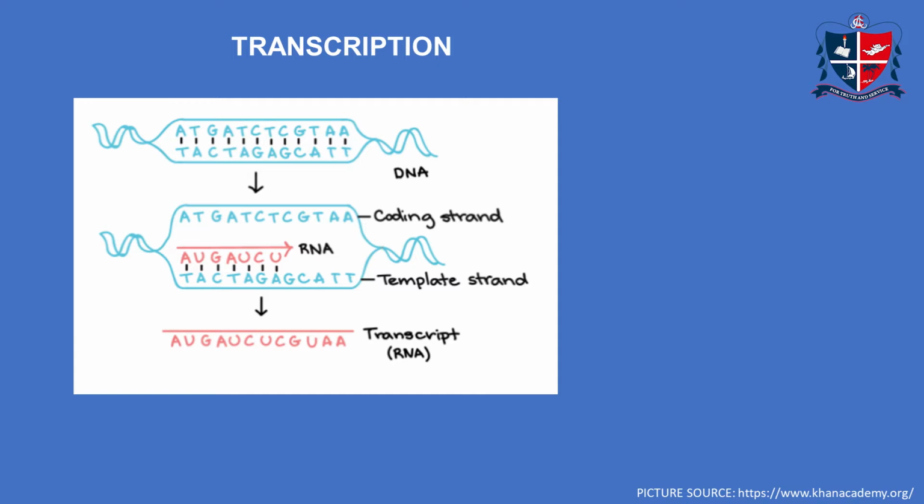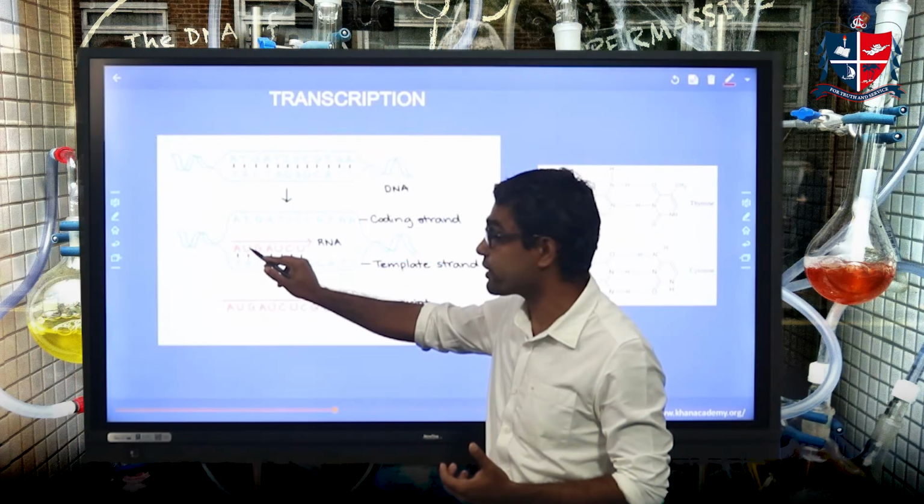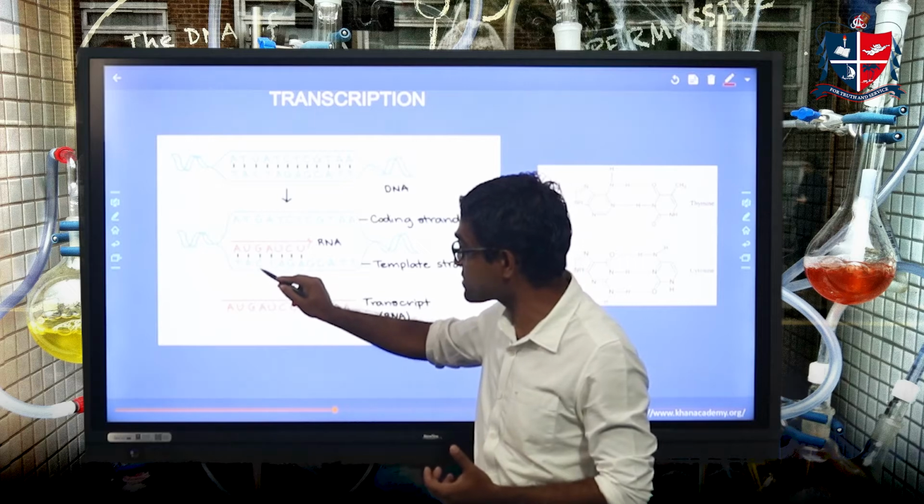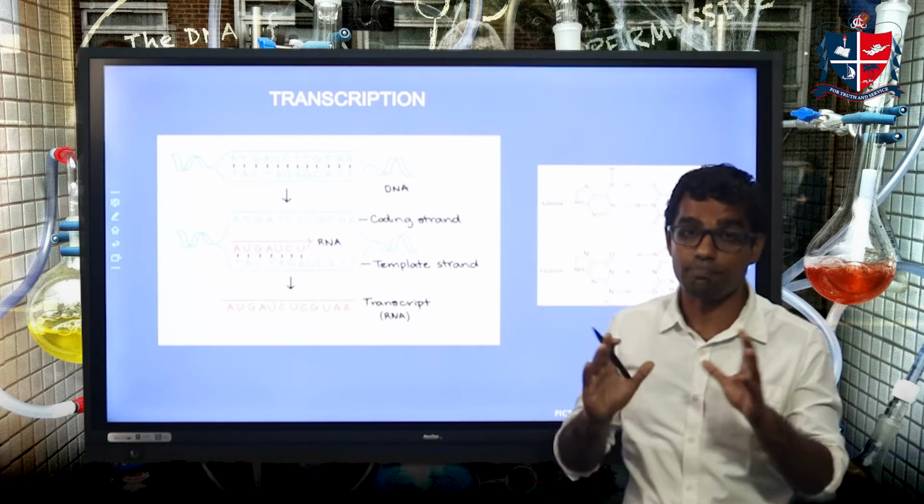You see, in the first step, the DNA double helix unwinds. Now you have two strands, and one strand is the template strand. In the template strand, you can see TACT, and the monomers of the RNA will align. For example, opposite to T, A will align, opposite to A, U will align, and opposite to C, G will align. That is the base pairing rule.